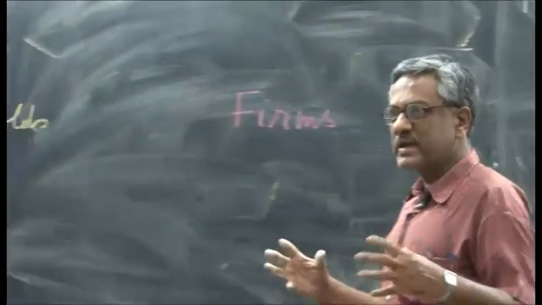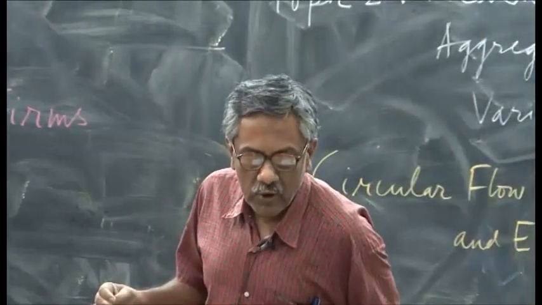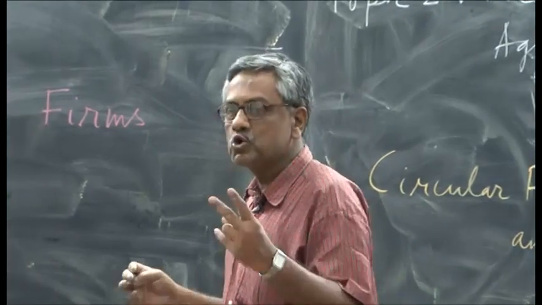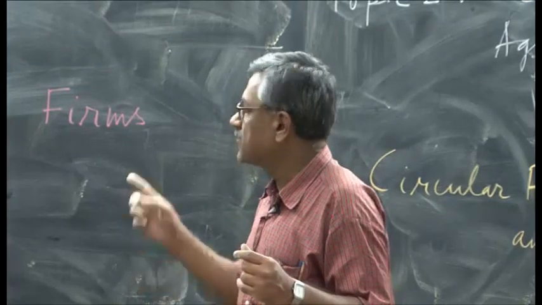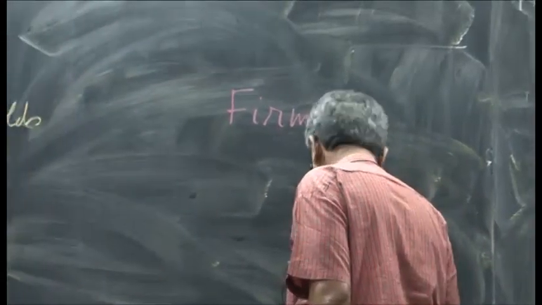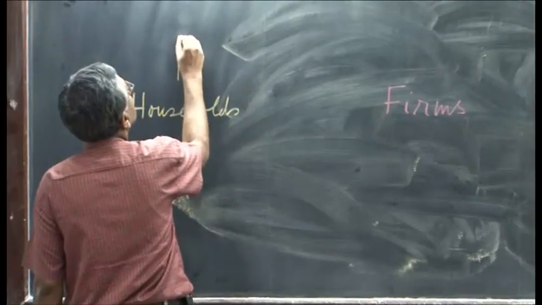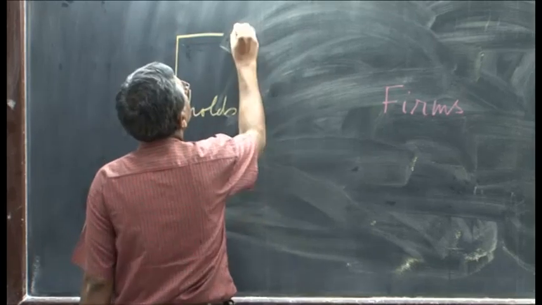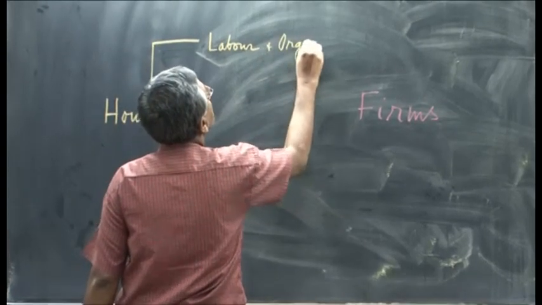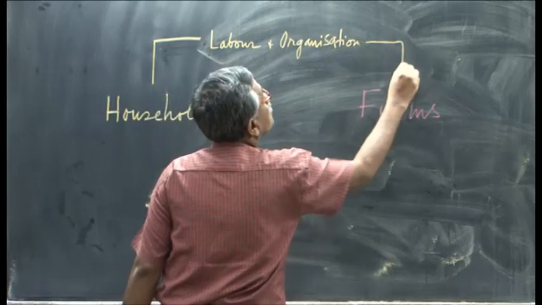These two groups of economic agents, who carry out economic activities, interact in the following fashion. First, households supply two groups of factors of production, called labor and organization, to firms.